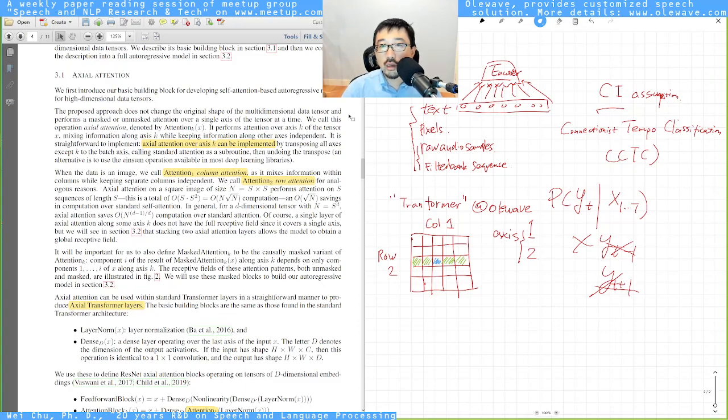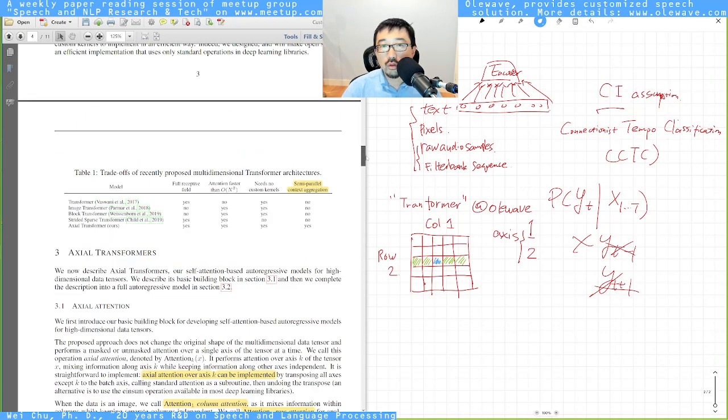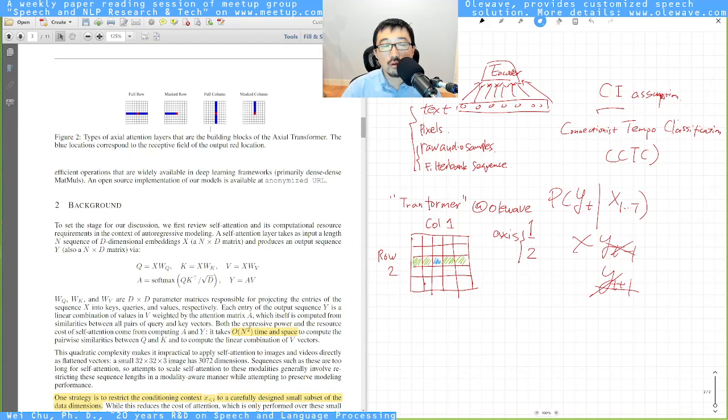You can either, like they show in figure 2, have a full row attention, you see this full row, or you can use a masked row attention. I'll pause the video now, think about why they developed this masked row attention.